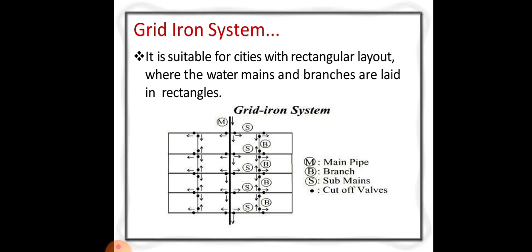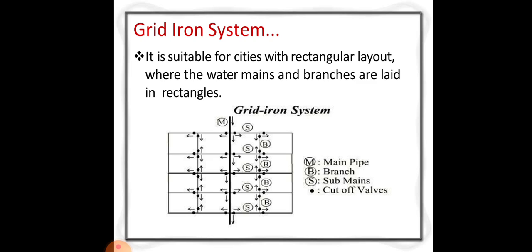Now coming to the next system, that is the gridiron system. This is also called a reticulation system, and this is mainly suitable for cities with rectangular layout, where the water mains and the branches will be laid in rectangles. It is also called an interlaced system.